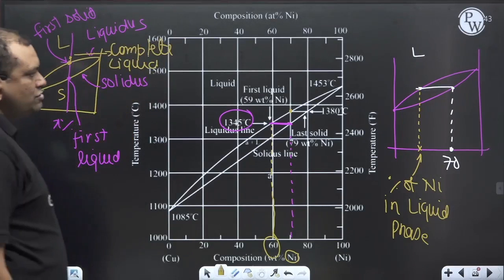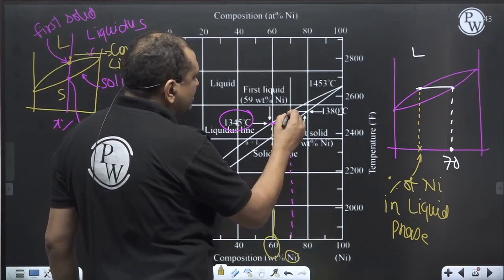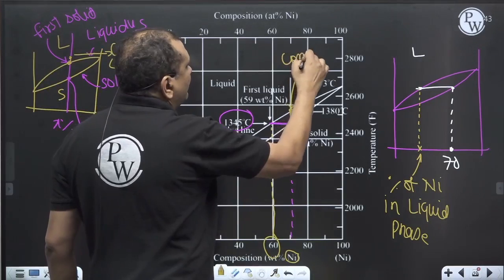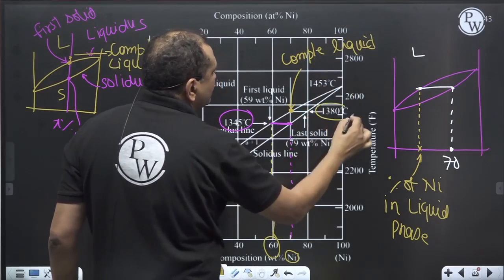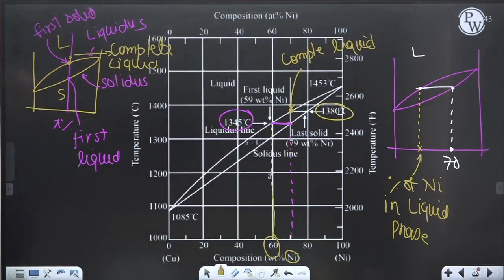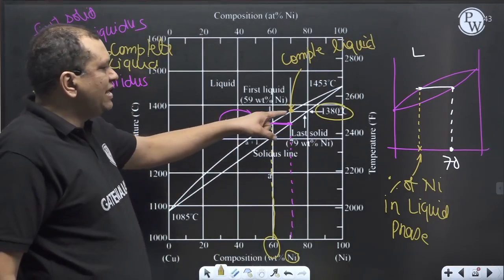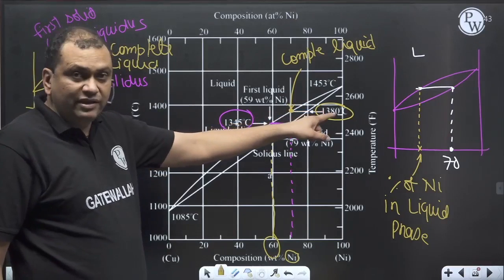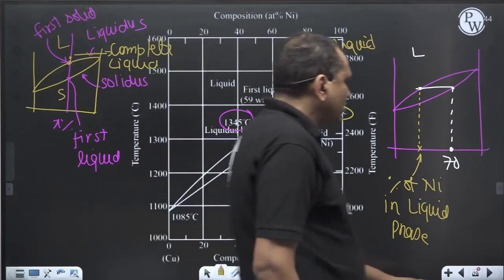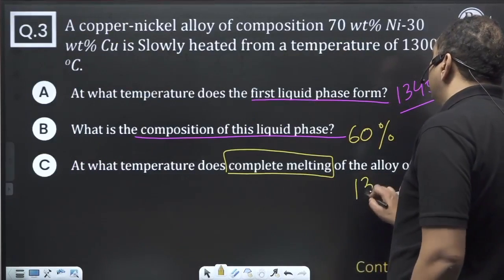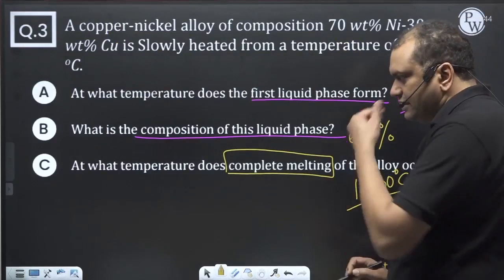So complete liquid will appear at 1380 degrees centigrade. This question is just reading from the graph. Everything we have read from the graph.